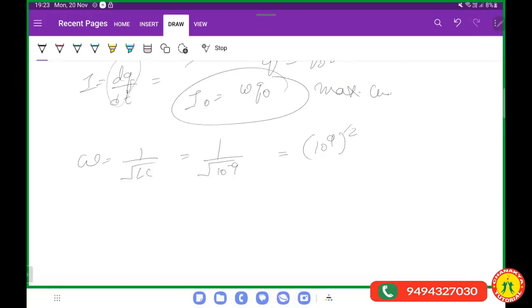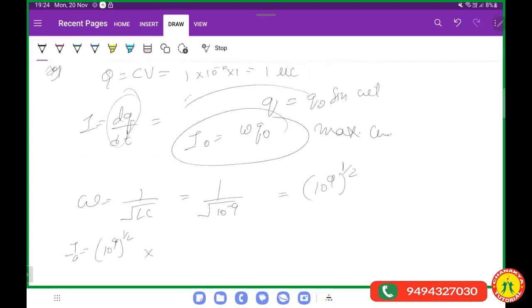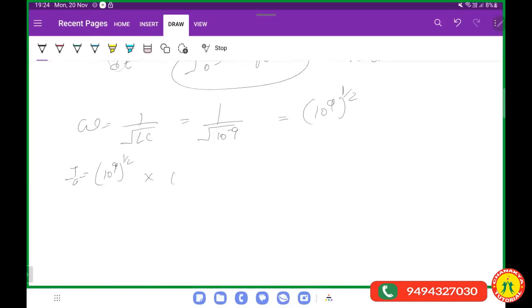So I naught equals 10 to the power 9 to the power 1 by 2 into Q naught. What we got? 1 micro, 10 to the power 6.